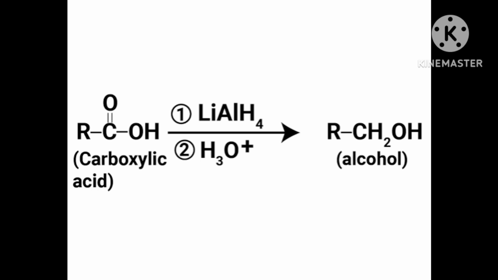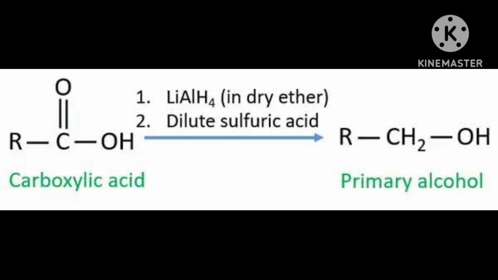Then what will happen? One more hydrogen will join with the OH of the second COOH. Then this one H and that OH of the second COOH will form water and it will go as H2O. Correct? Then the second H2O is formed.